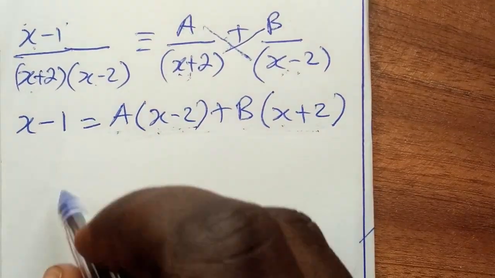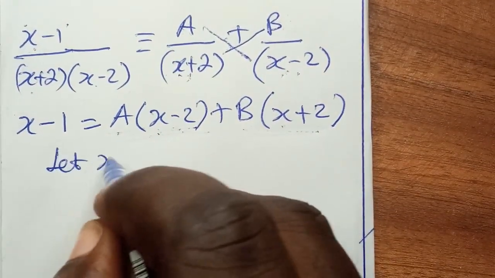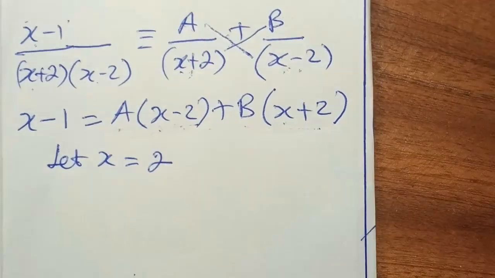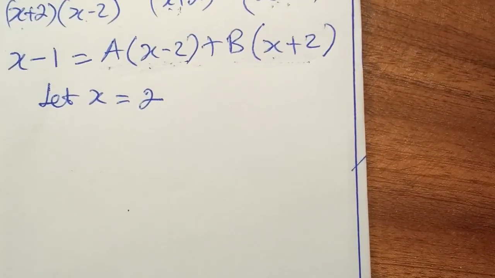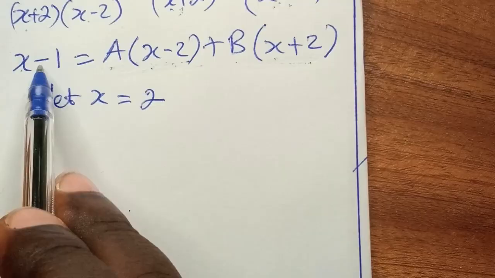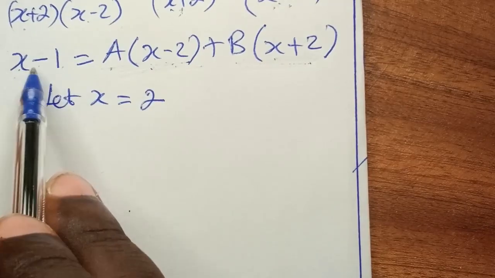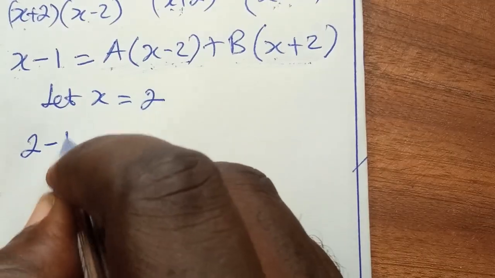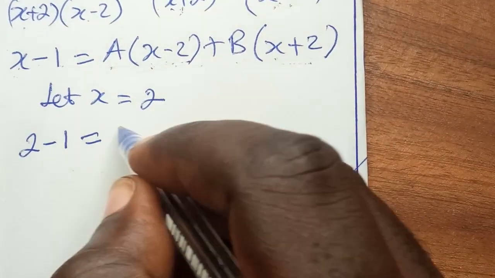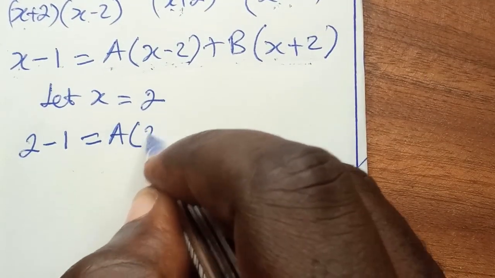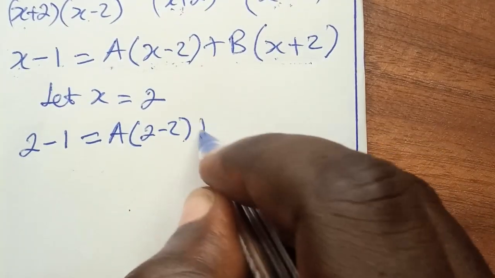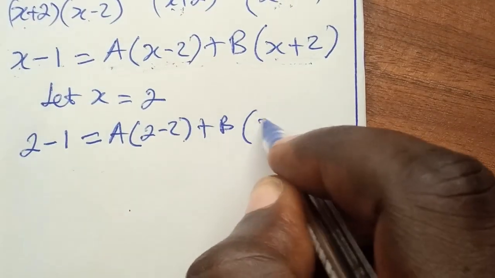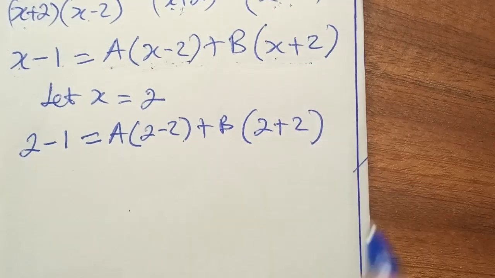So let x be equal to 2. In this case, 2 minus 1, because x is 2, is equal to A into 2 minus 2 plus B into 2 plus 2.